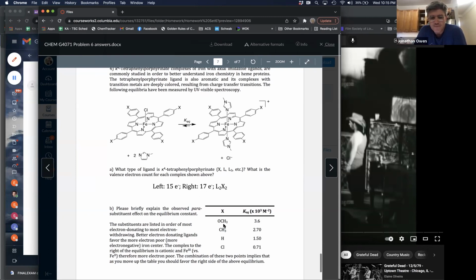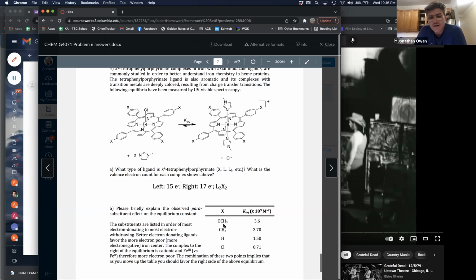So let's go back up and look at the equilibrium. What's happened? We went from a neutral compound to a cationic compound with 2 imidazoles. And that is easier when the substituents are electron donor substituents, methoxy groups, or methyls.